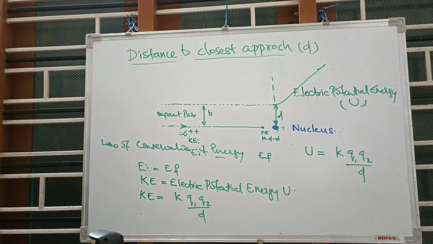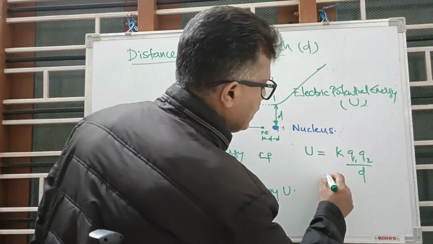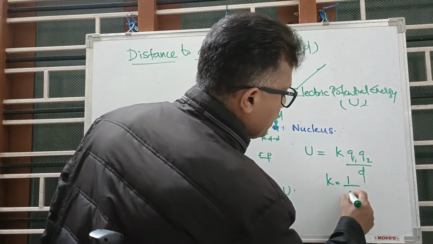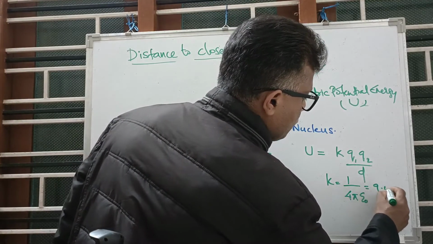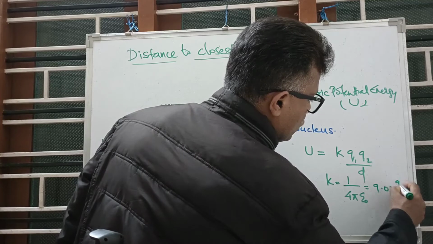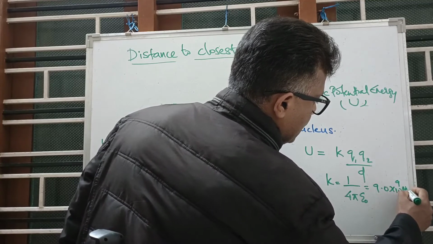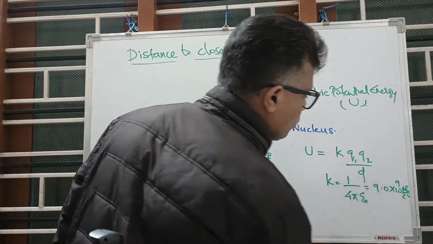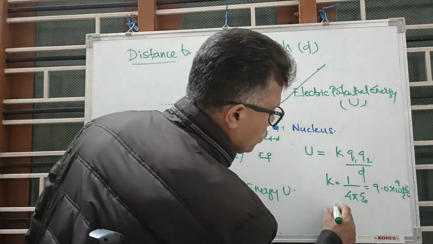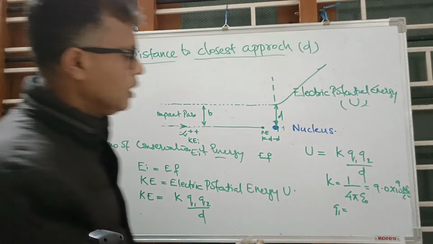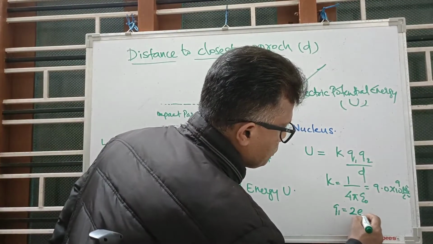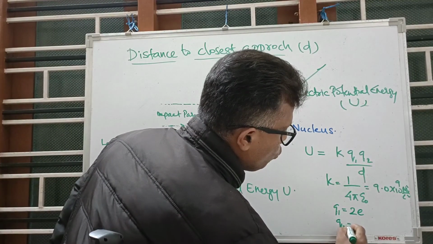Okay. So, I will write what each is. K is equal to 1 by 4 pi epsilon 0, which is 9.0 into 10 raised to 9 Newton meter square per Coulomb square. Q1, we know that one. What is the charge of the alpha particle? It is 2E. What is the charge Q2 of the nucleus?